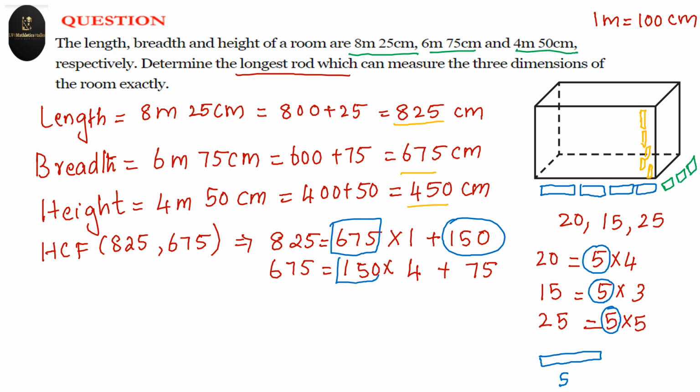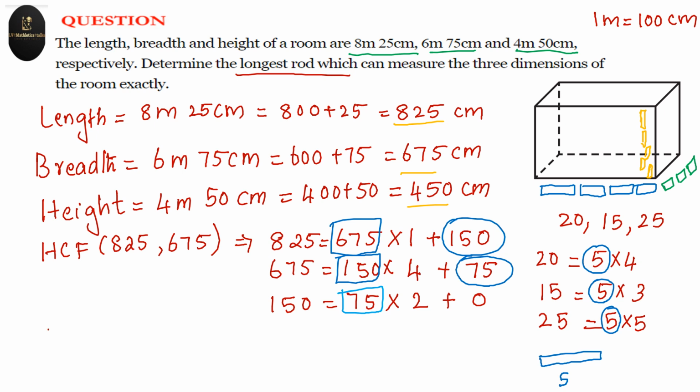This is the divisor and here is the remainder. So 150 will be equal to 75 times 2 plus 0, right? Once you get the remainder as 0, the divisor obtained will be the HCF. So the HCF of these two numbers is 75.